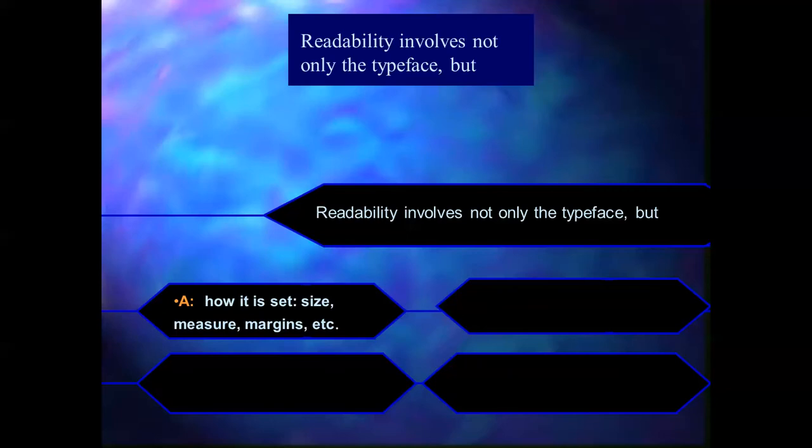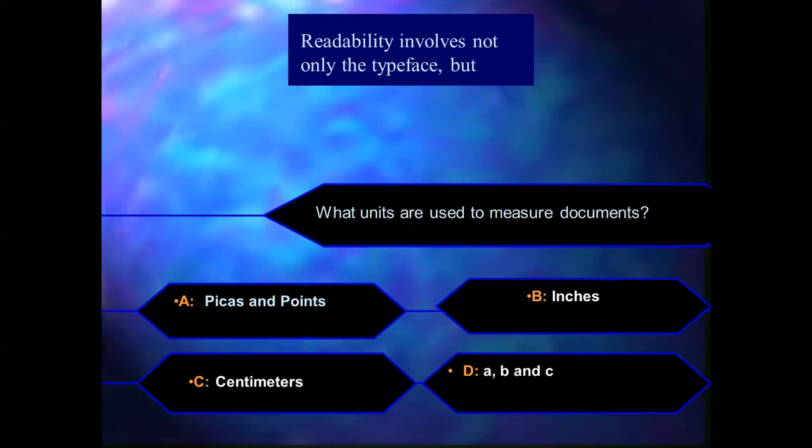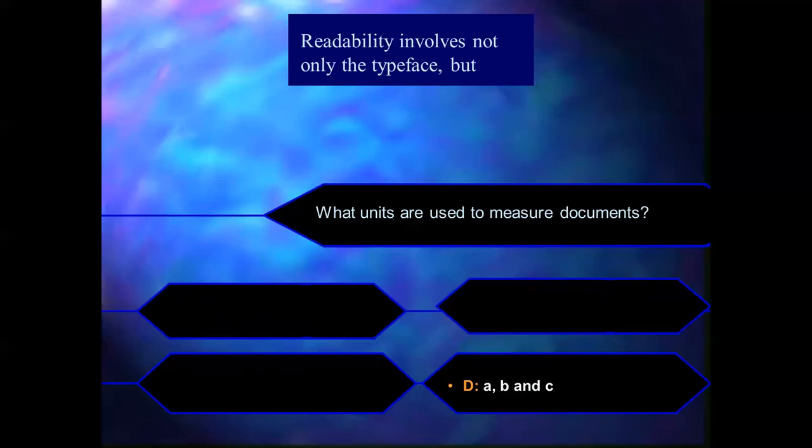The answer is A, how it is set, size, measure, margins, etc. Okay, what units are used to measure documents? A, points and picas, B, inches, C, centimeters, or D, A, B, and C. There we go. A, B, and C. So it would be D.